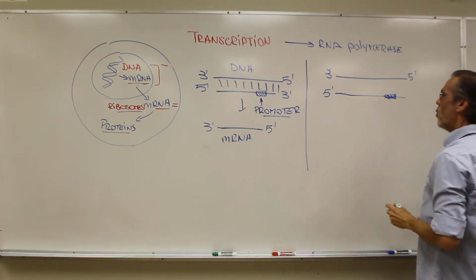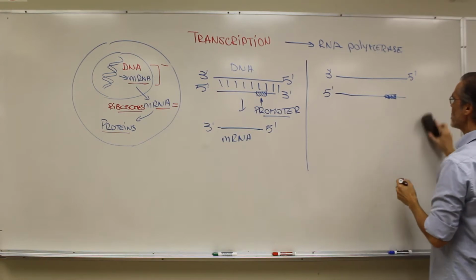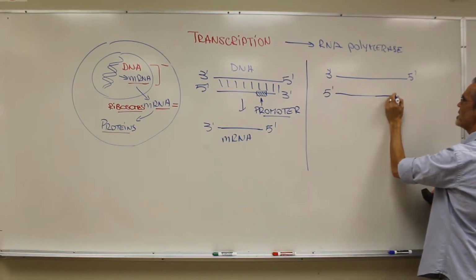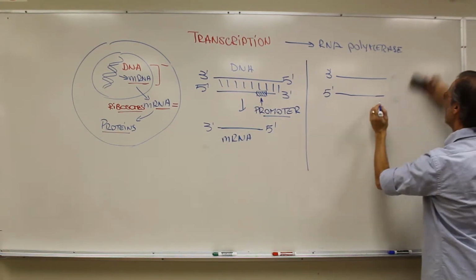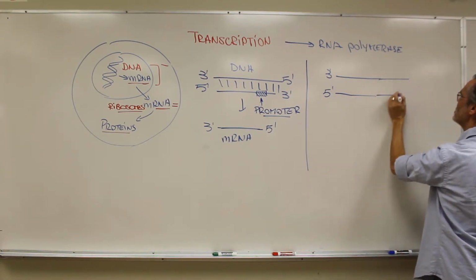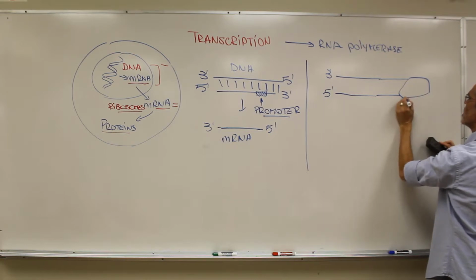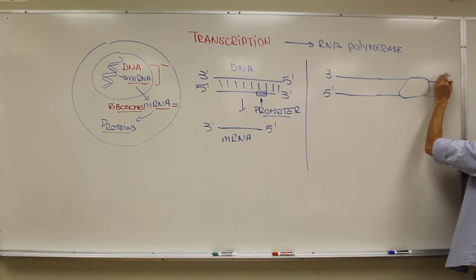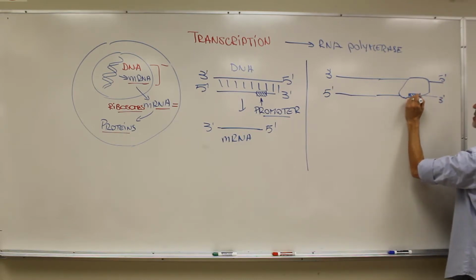When the promoter attracts the RNA polymerase, the RNA polymerase will interact with this promoter and basically sit on that spot. So 5' here, this molecule is going to sit there, on the promoter, right underneath.